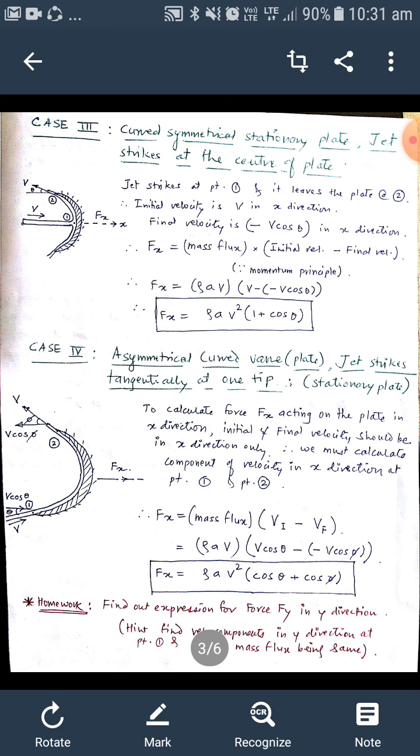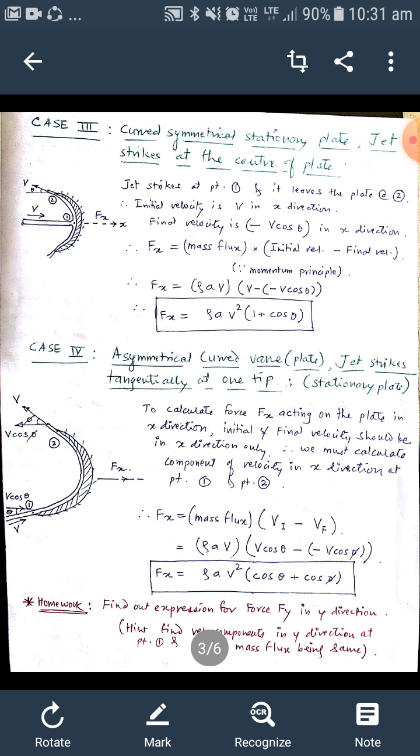Now look at the expression. Same expression is there, that is mass flux multiplied by initial velocity minus final velocity. Mass flux remains same, rho a v. Inside the bracket you can see Vi is v cos theta, because we have to take the component in x direction, and minus of v cos phi, because at the outlet the component is in negative direction.